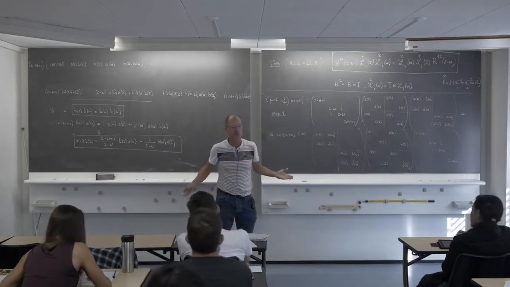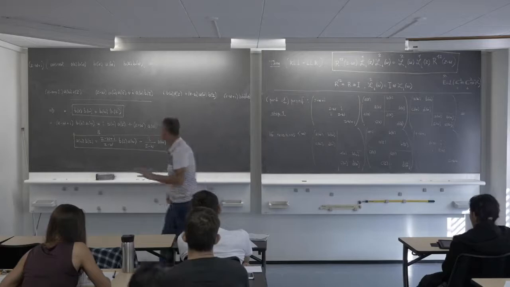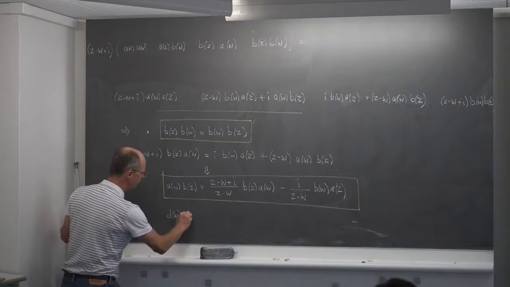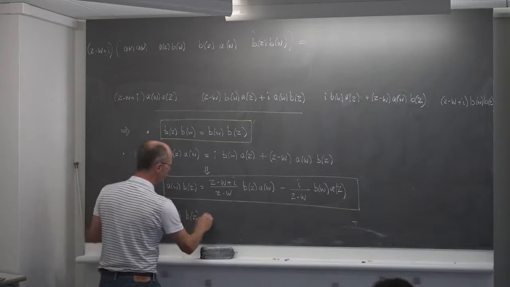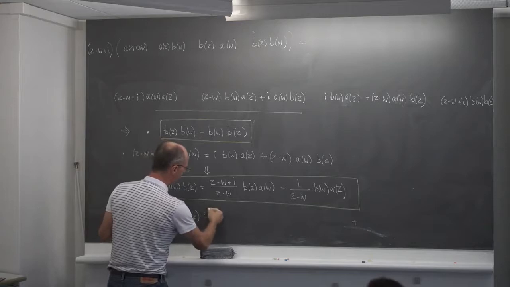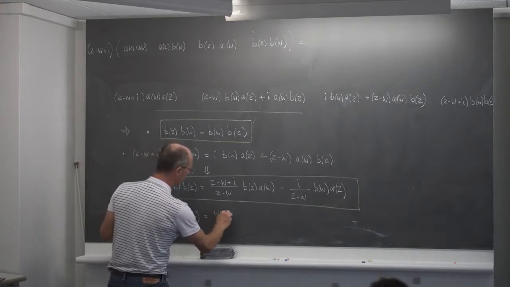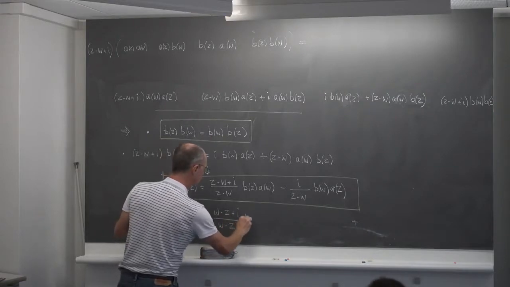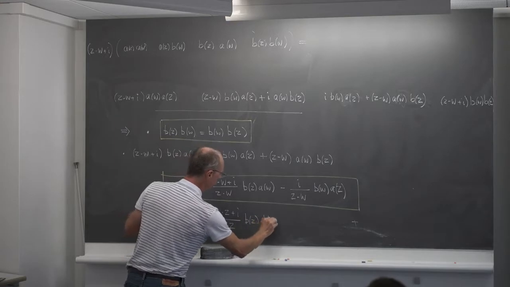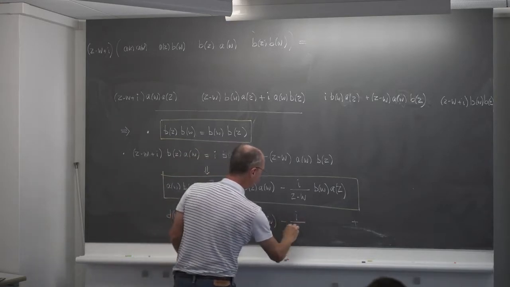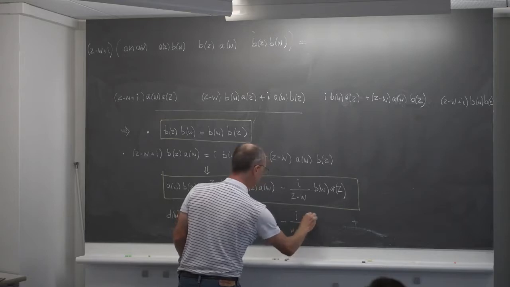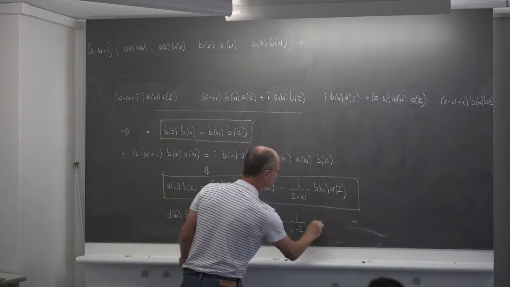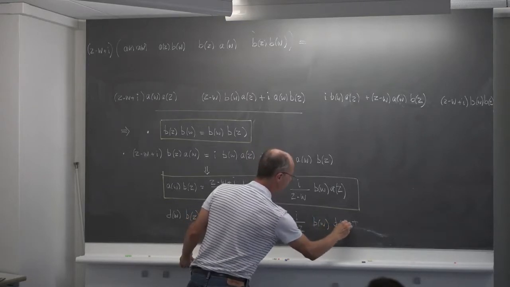Let's see what they are. In fact, this will prove to be useful. So maybe just one more, because we'll need it later today. D of w, B of z is w minus z plus I over w minus z, B of z, D of w minus I over w minus z, B of w, D of z.